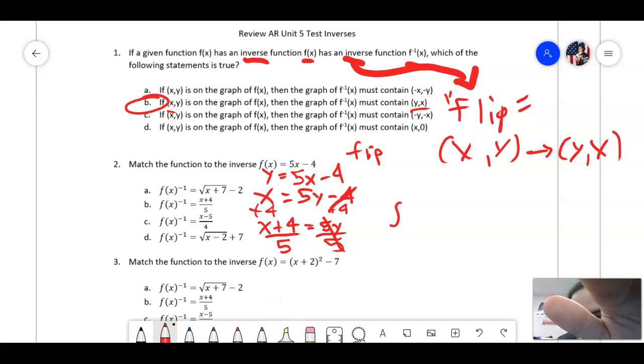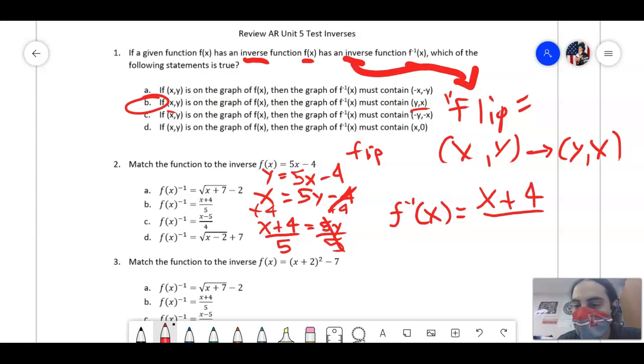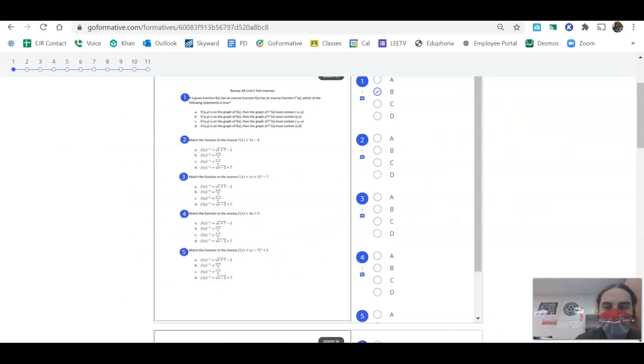Then we rewrite it as an inverse, f inverse x, and rewrite what's over here. Now you could put them as separate fractions, but the answer choices are as a bigger improper fraction. So x plus 4 is over 5. There you go. Letter B again.